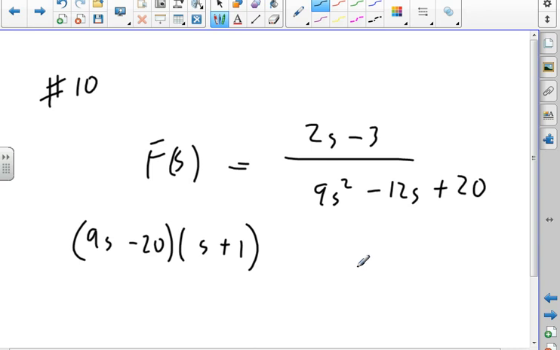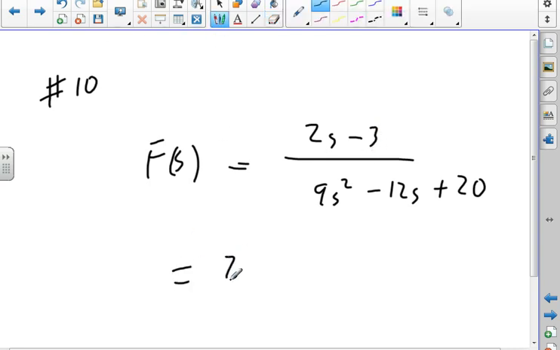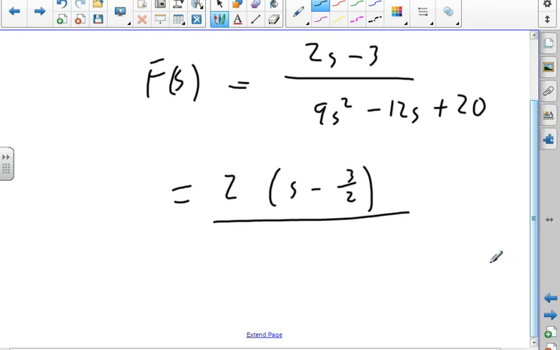That doesn't do me any good. Okay, well, I don't see it. Anybody see it out there? I can factor a 2 out of there and get an s minus 3 halves, right? I could go and 2 times s minus 3 halves. But I don't see what I'm going to do with this.